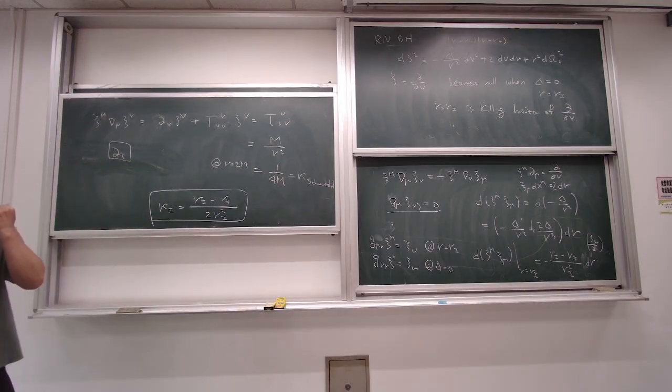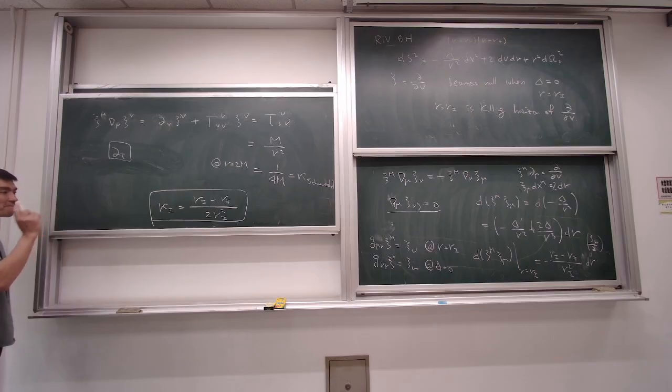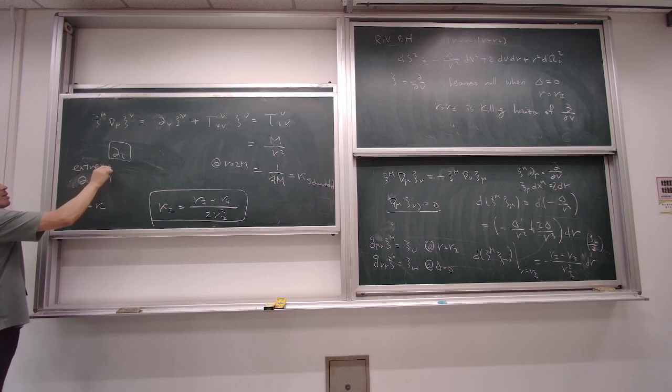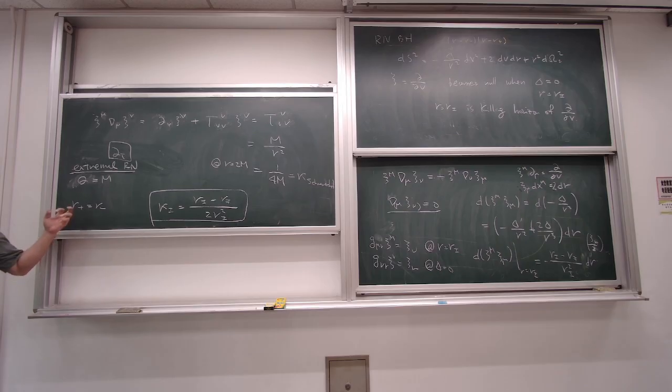And the most important thing is that in the extremal case, Q equal to M, r plus is equal to r minus, right? This is the extremal Reissner-Nordström case, and r plus and r minus are equal.